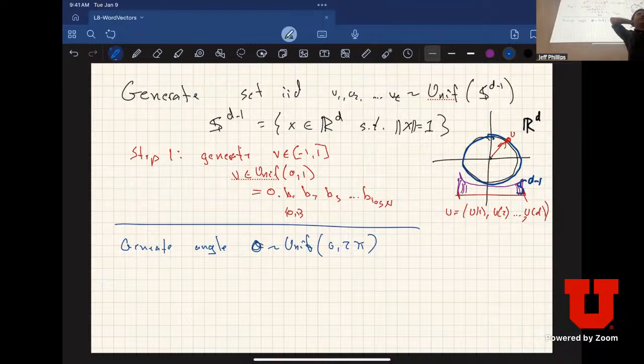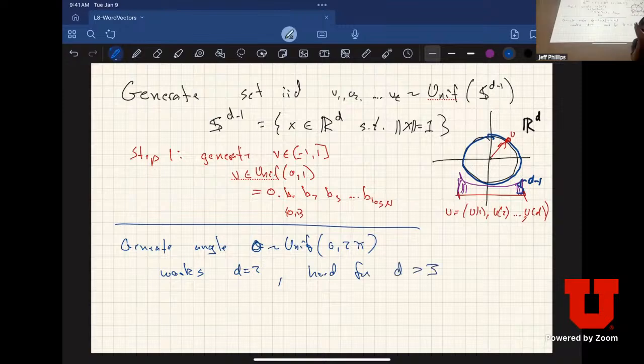Could I do this in 3 dimensions? Now I want to generate points on a sphere. Maybe it's a little bit trickier. In fact, it's a lot trickier, right? This works for d equals 2. It's hard for d, I would say, greater than 3.